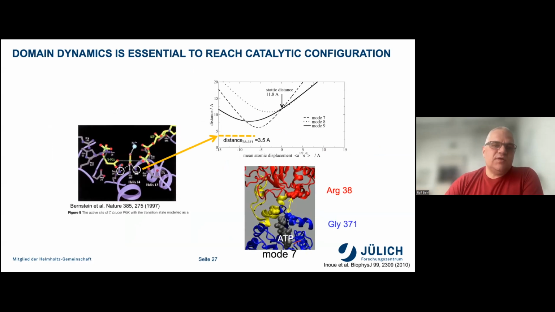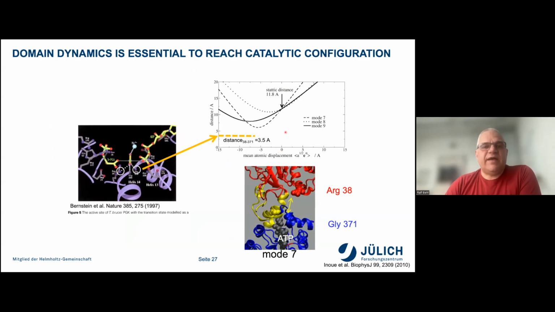So how do these modes change the distance between these two amino acids? That is then calculated for the different modes here. And there we find that basically here this normal mode 7, this position here, reaches already values around 5. So it's much closer to the 3.5 angstrom that we need here.